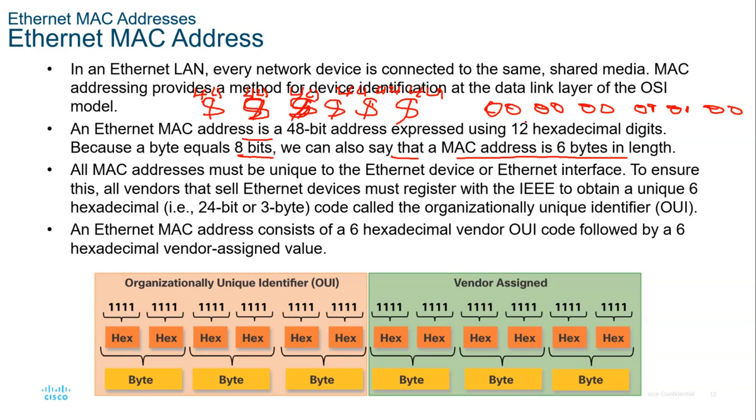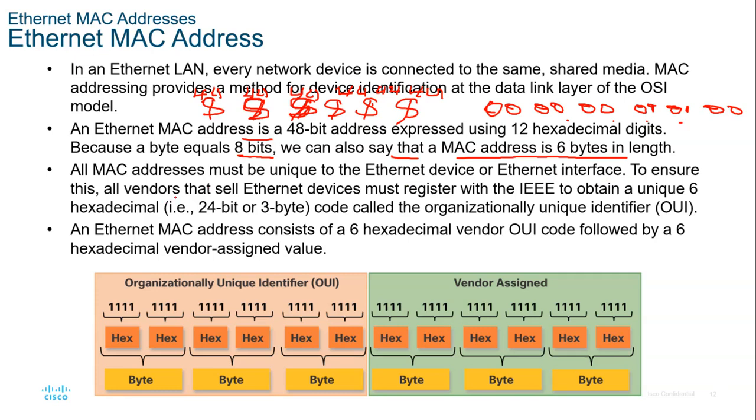So these are 6 bytes: 1, 2, 3, 4, 5, 6. There are 6 bytes in length. All MAC addresses must be unique to the Ethernet device or Ethernet interface.